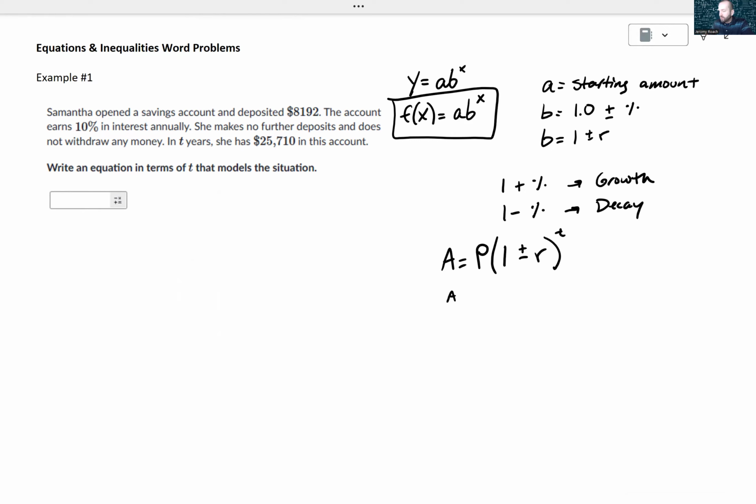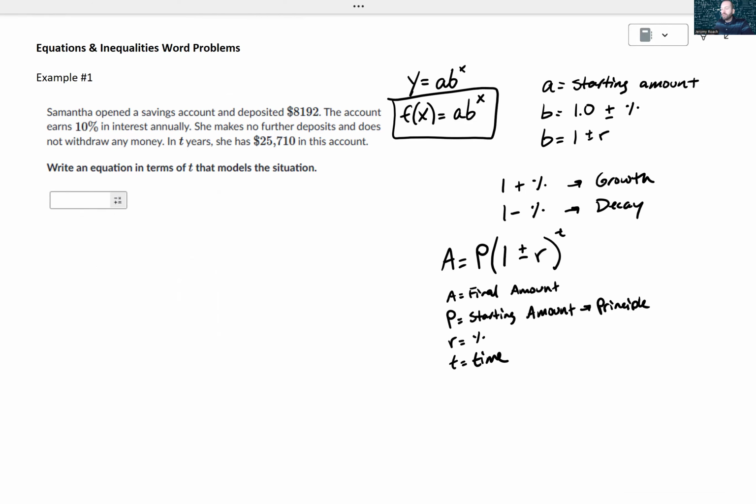All right, so A is the final amount. P is the starting amount, and we also call that the principal. R is our percent, and then t is time.